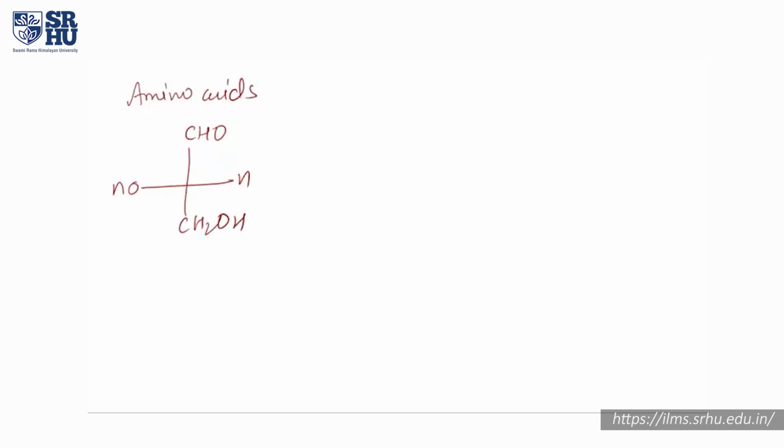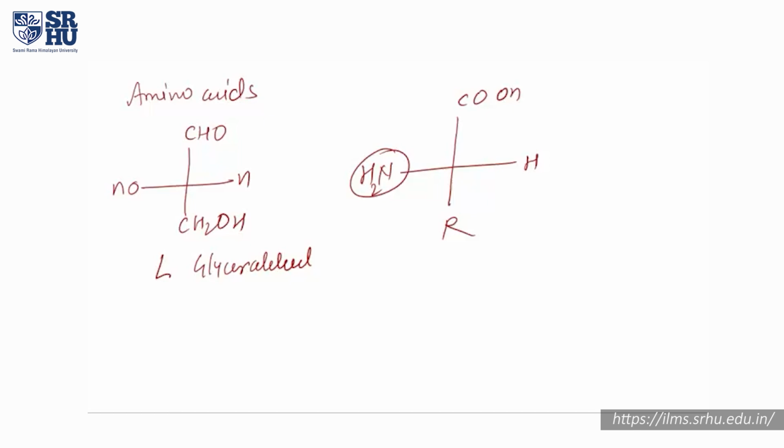Now you know that this one is our L-glyceraldehyde. And in amino acids, we don't have an OH group, so we have an NH2 group. You can see that this NH2 group is on the left hand side and this belongs to the L. So this is how D and L configuration is decided.